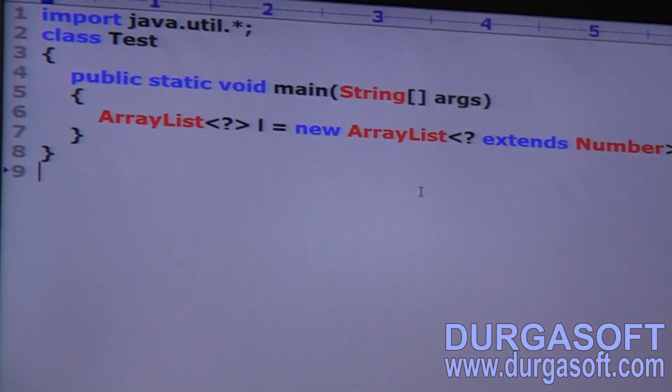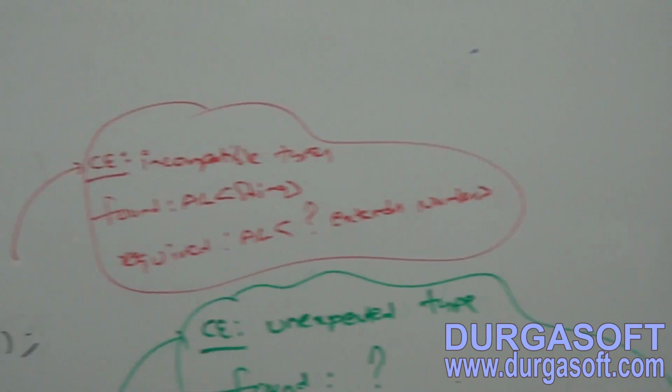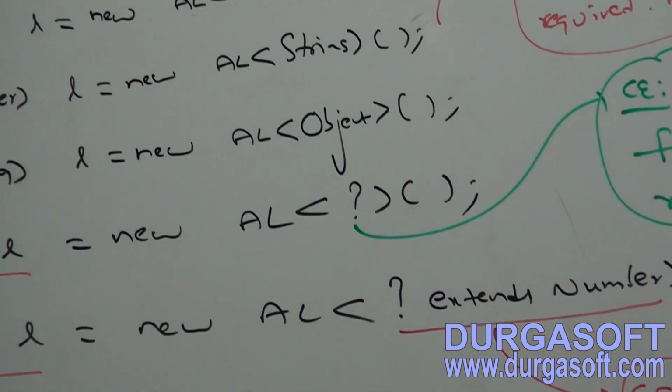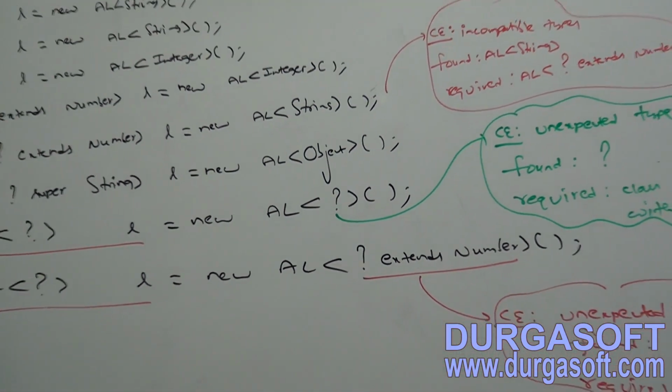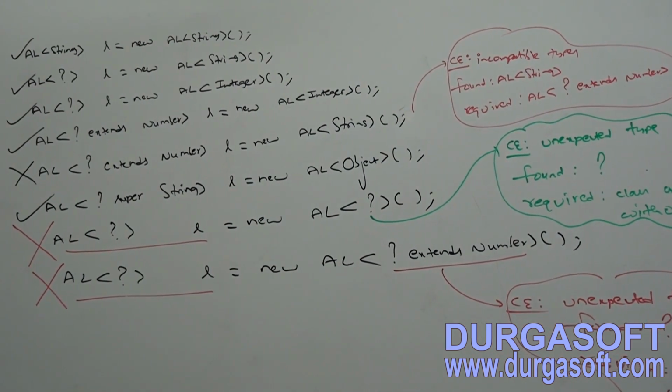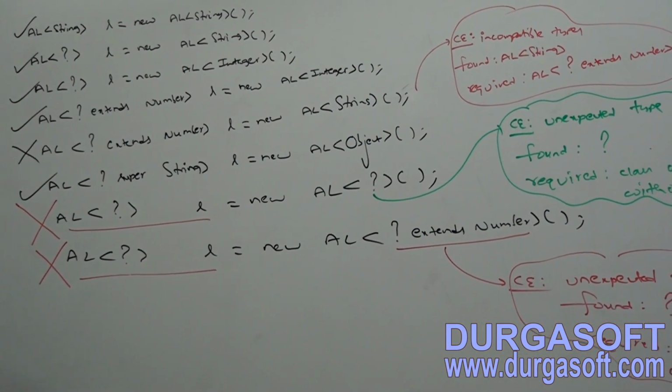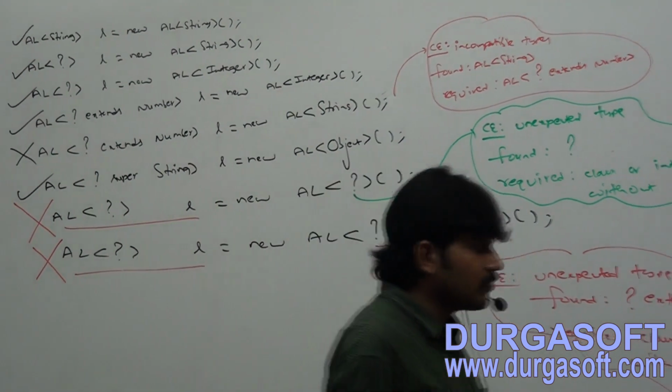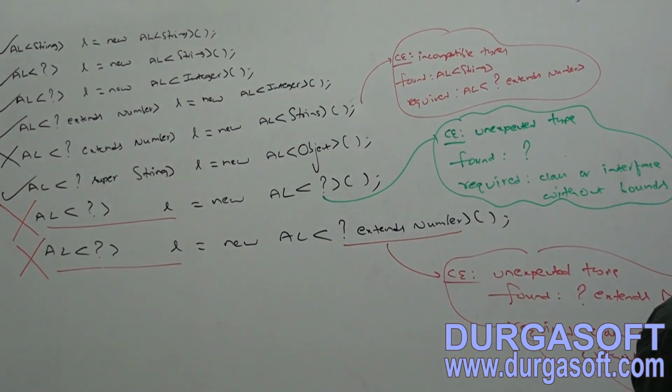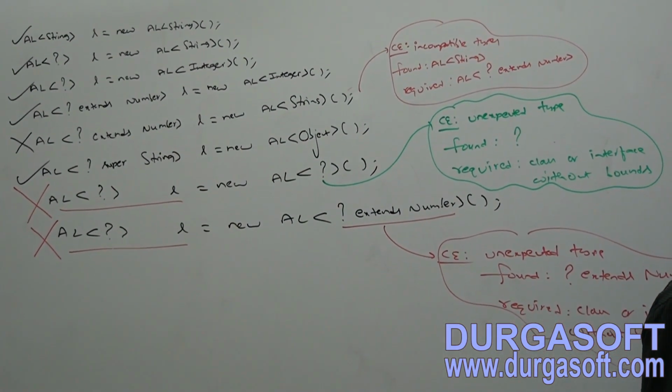Okay, take this example. Take all these things. Make sure which are valid and which are invalid, so we should have clear clarity.